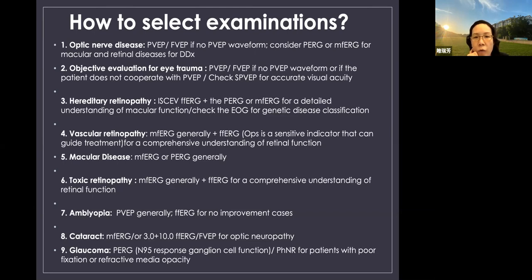So we need to do VEP, and usually if the VEP is non-recordable, we need to check sweep VEP to get an objective measurement of the visual acuity.